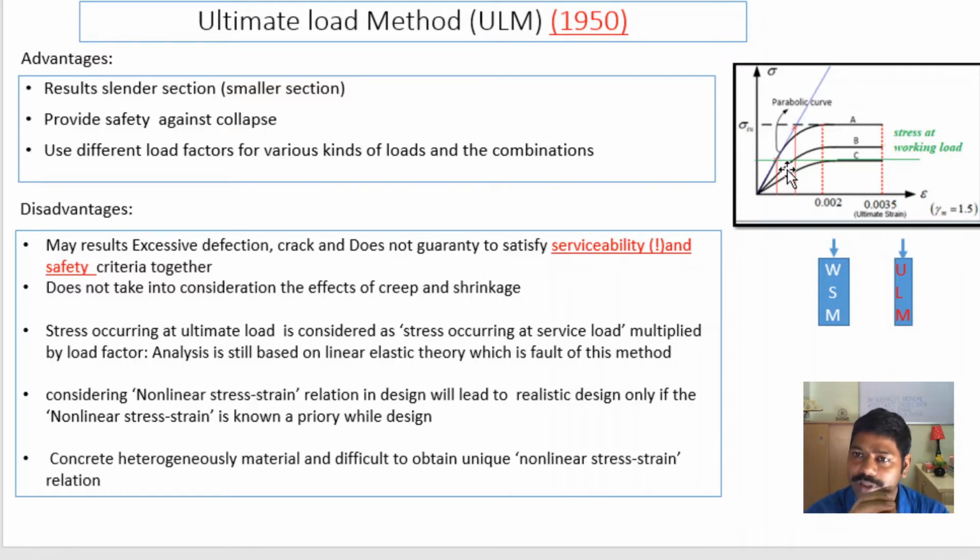So whatever stress we calculate will also come as a linear elastic zone. Whatever calculations we do will be based on linear elastic theory. But at the same time, stress also reaches the non-linear zone.